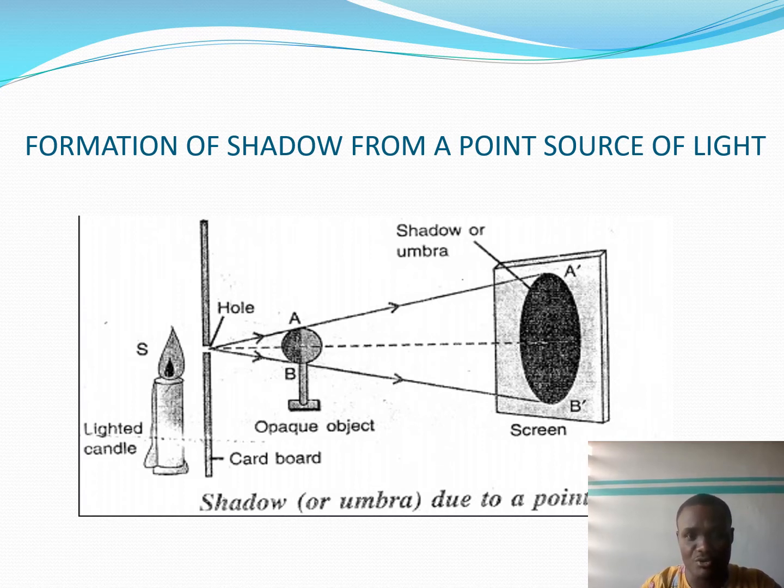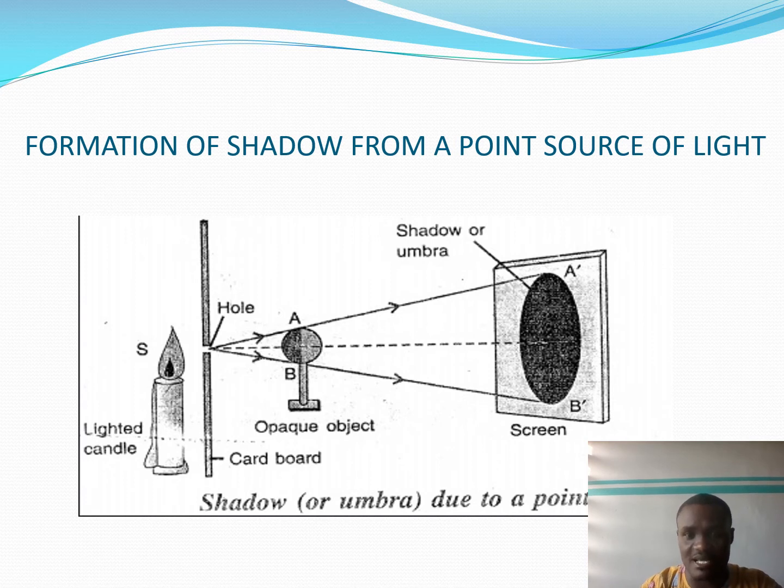I hope you are seeing it. This is the opaque object, this is the small hole, and this is the image or the shadow formed by the object that has blocked the source of light. That is a point source of light.